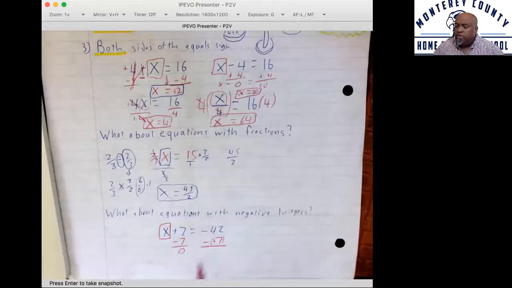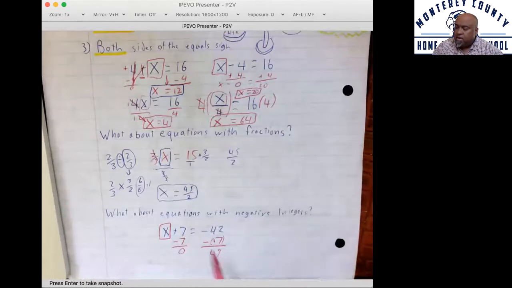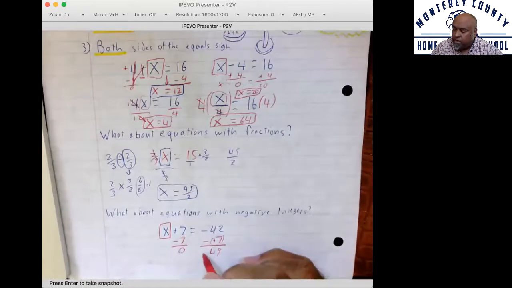So this is a subtraction problem, but what is the opposite of subtracting? Because it says if the signs are different, do the opposite operation. That would be adding. So 42 plus 7 is 49. Now my original number was negative, so my answer is negative. So x is equal to negative 49.